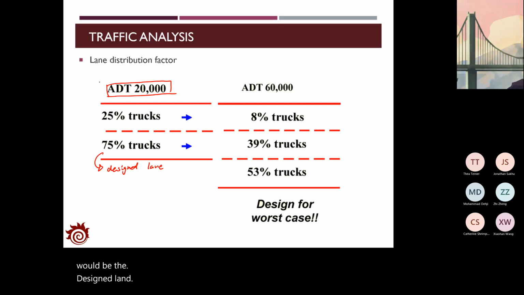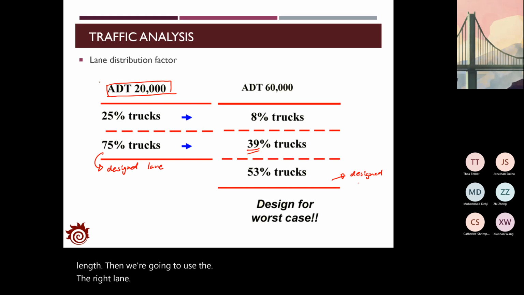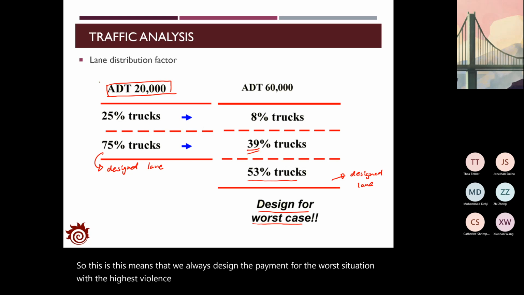And if it's a three-lane road, we have 8% on the left lane, 39% in the middle lane, and 53% on the right lane. Then we're going to use the right lane as the design lane. So this means that we always design the pavement for the worst situation with the highest volume of trucks.